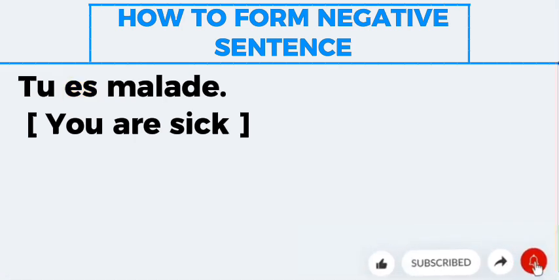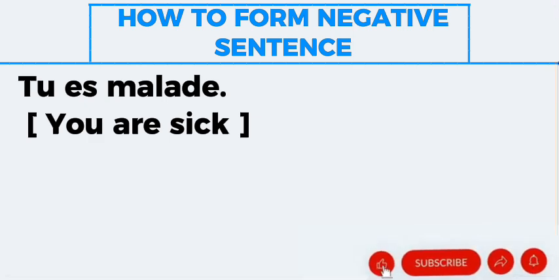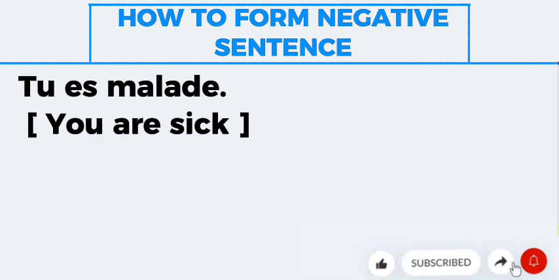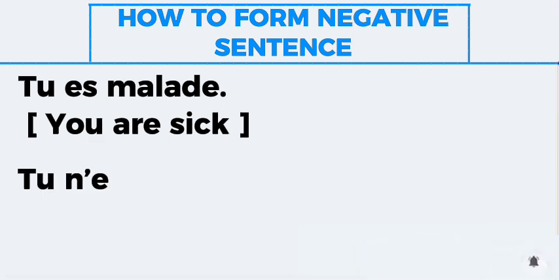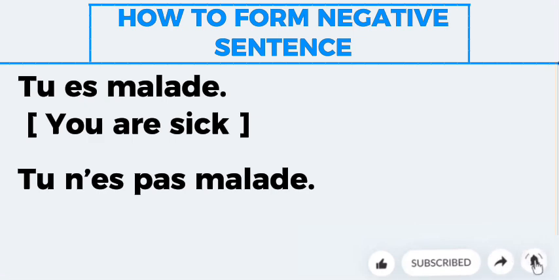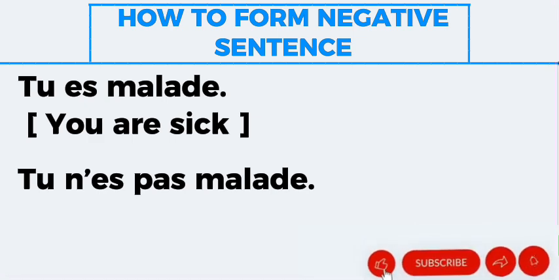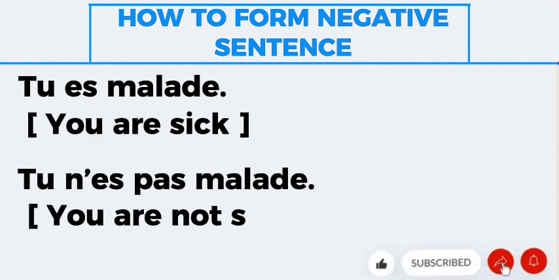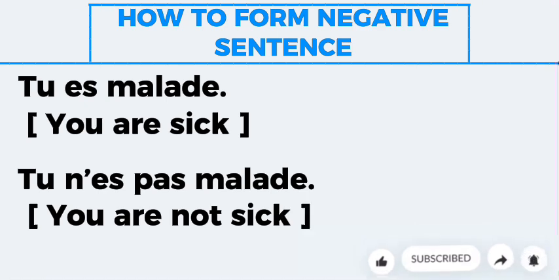But since es begins with a vowel, you have to eliminate the e in the ne. So you have tu n'es pas malade. And this means you are not sick.